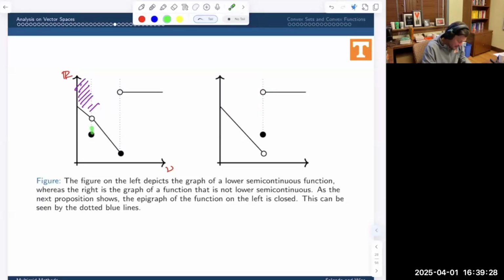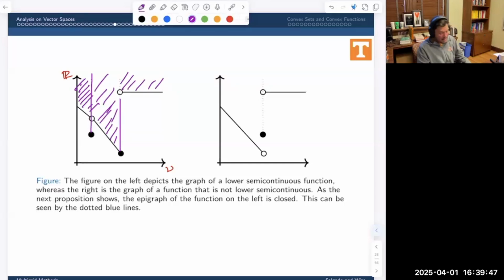Everything on that line above it, so I can include all of those points, everything going up that way. Same here, everything above this point and everything above that line. That purple shaded set is the epigraph.